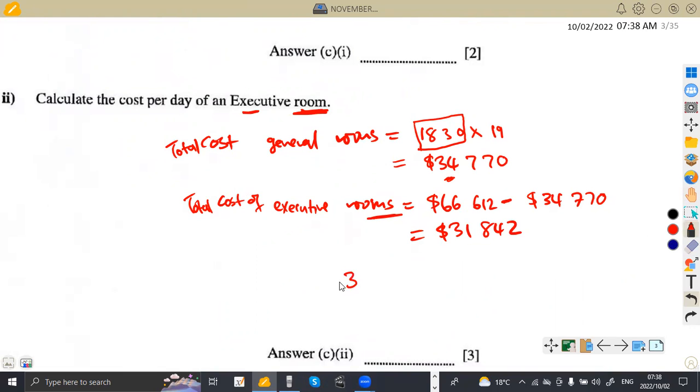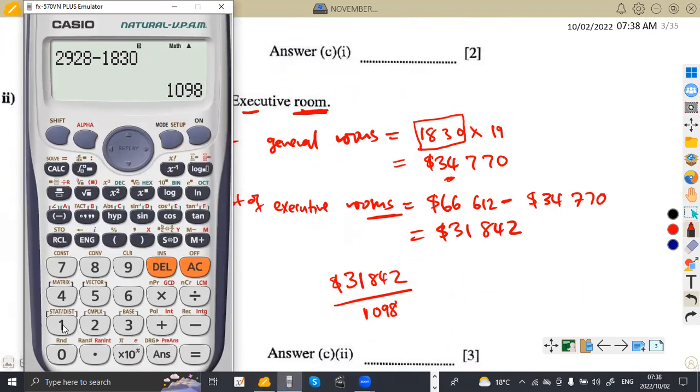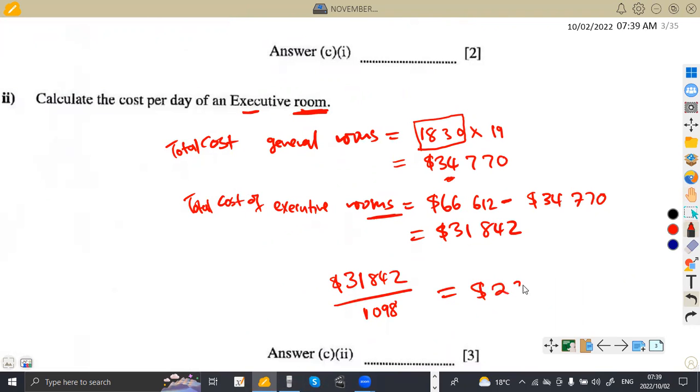So it is going to be 31,842 divided by 1,098, so that we can have the cost of an executive room. The answer that we had is 29. So this is going to give us $29. So that is the cost of an executive room.